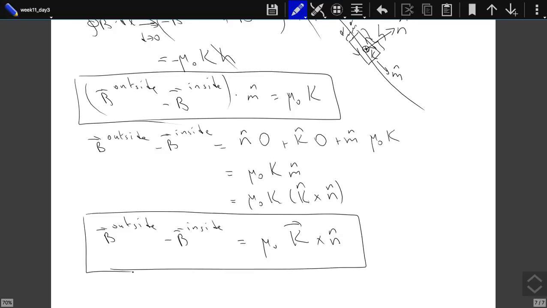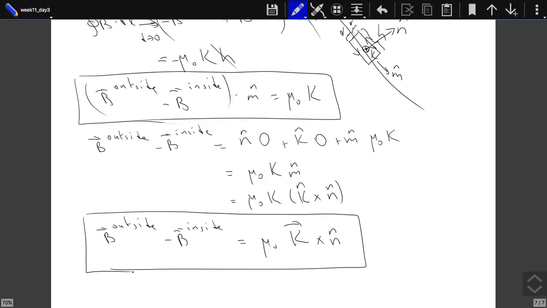So if you have a surface current, the B field changes discontinuously across this surface, and the discontinuity is given by the direction of k, the direction of n, mu 0 times this cross product. This is the surface current density. Now we can use this. We will be using this in our problem.